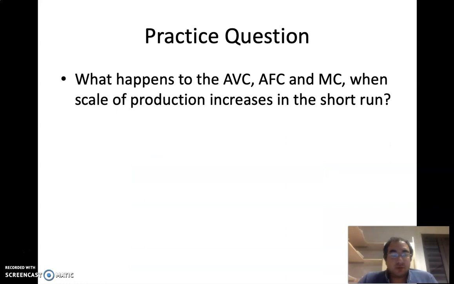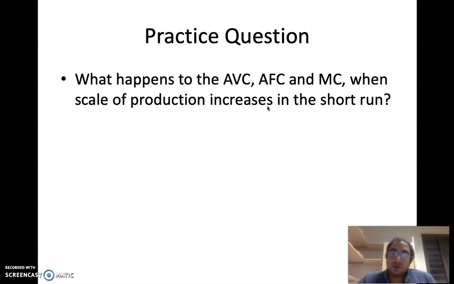Now we can start looking at the practice questions. The first practice question is: what happens to the average variable cost, average fixed cost, and marginal cost when the scale of production increases in the long run? Well, average fixed cost will always be decreasing. Marginal cost and average variable cost will have a U shape.